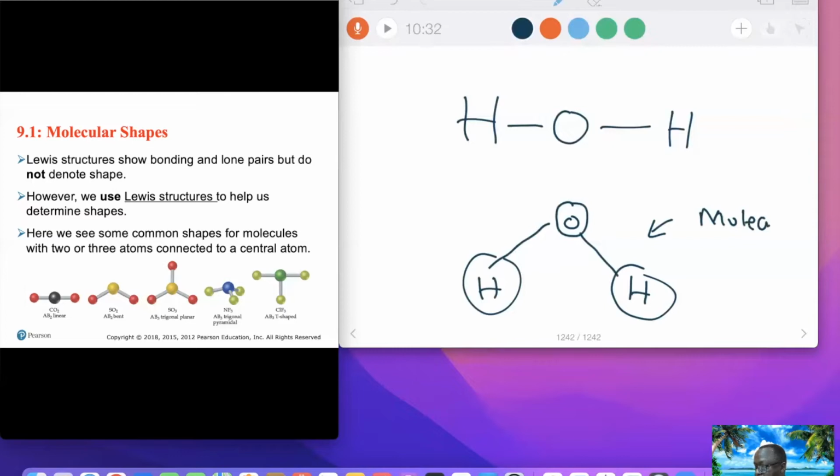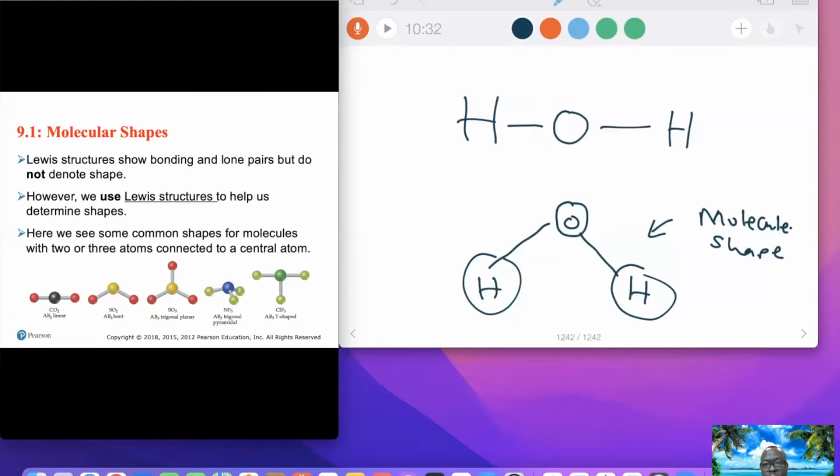Now, what really determines this shape of H2O? We will use the Lewis structure to predict it, and of course, by now you should be able to draw the Lewis structure for molecules or polyatomic ions.